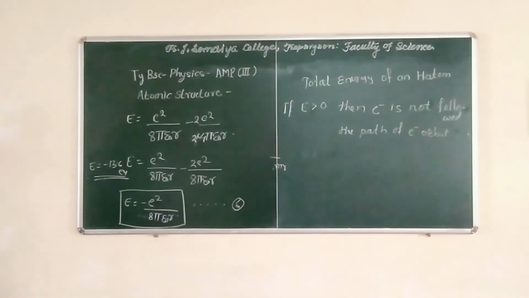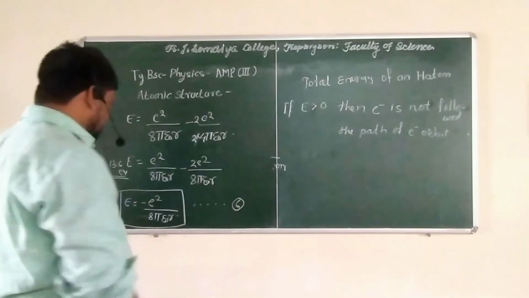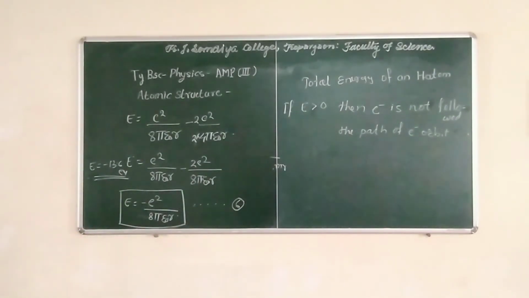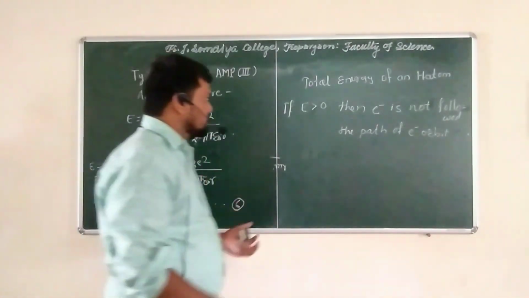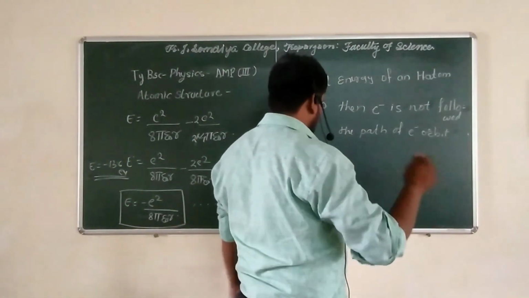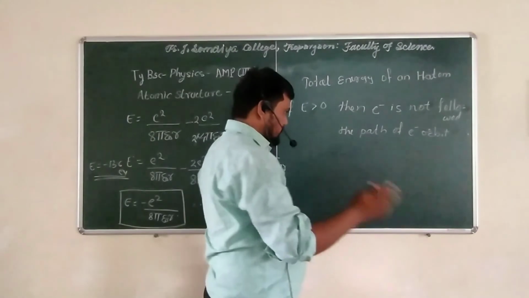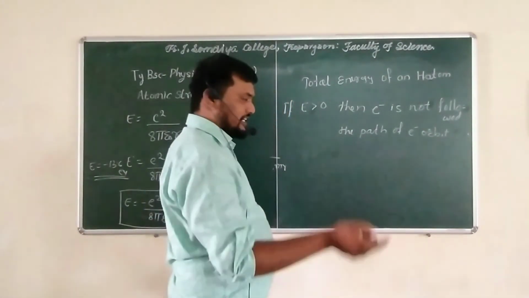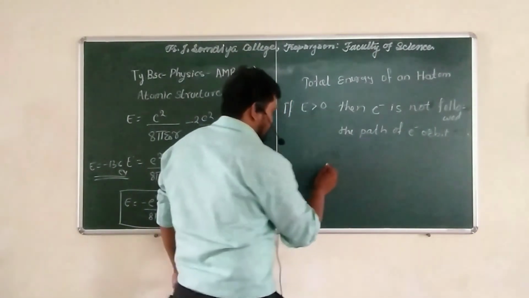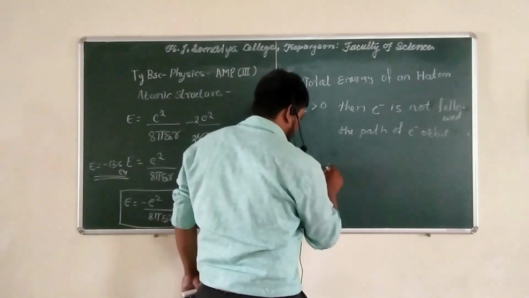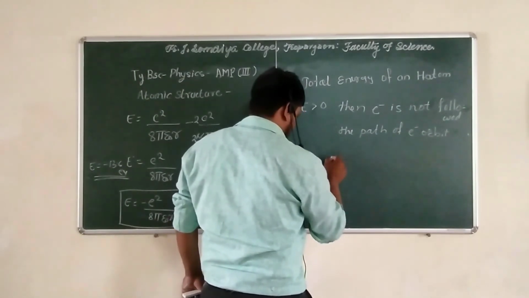Now we want to discuss the physical significance of this. The electron revolves around the nucleus and radiates energy. Suppose this is the nucleus, which has positive charge, with a proton.